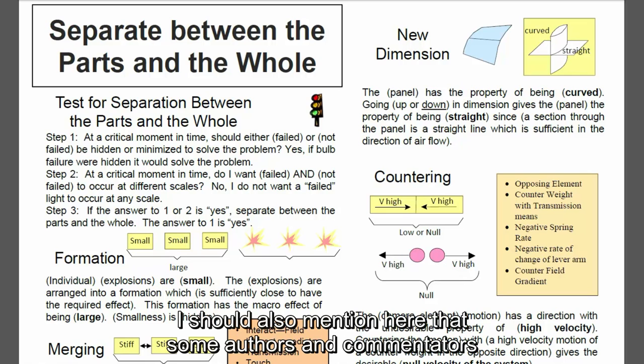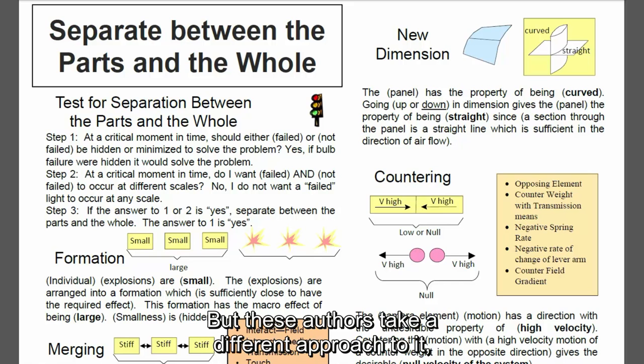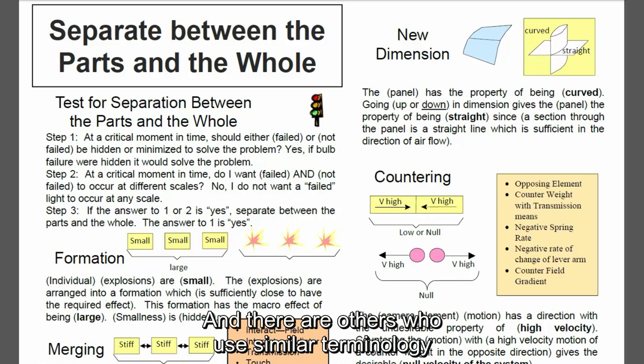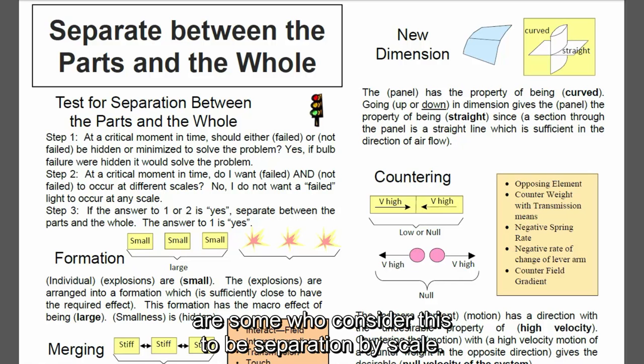I should also mention here that some authors and commentators actually refer to this principle as separation by scale. But these authors take a different approach to it, and that's why they use this terminology. You should just be aware that there are some who consider this to be separation by scale.